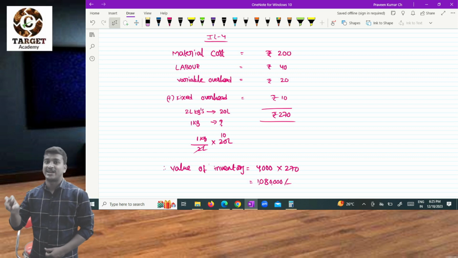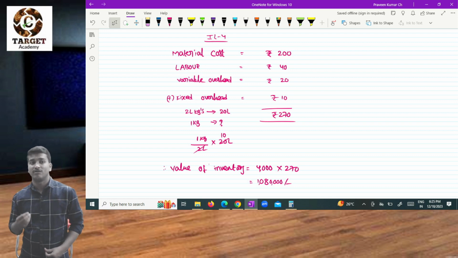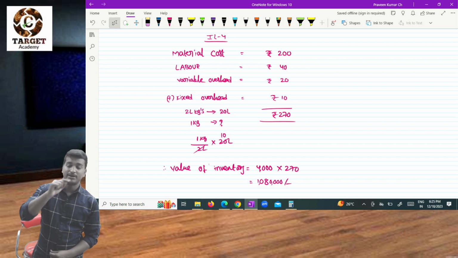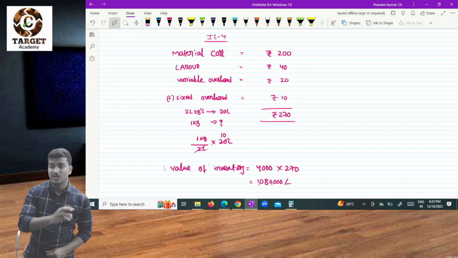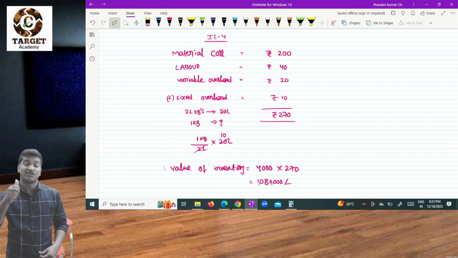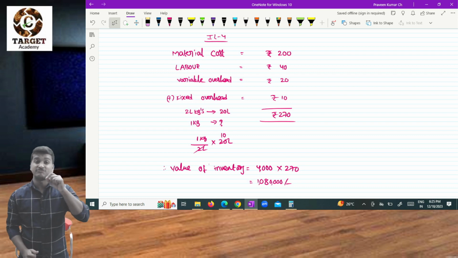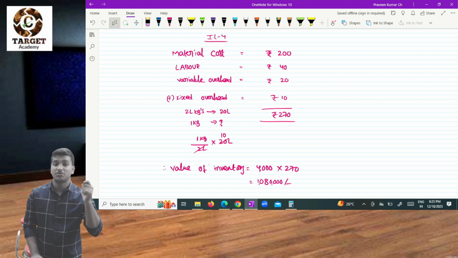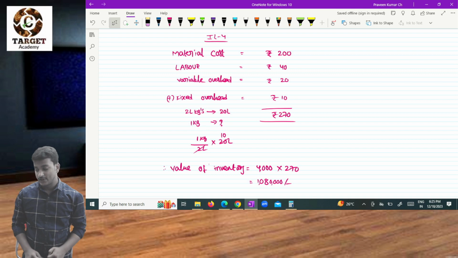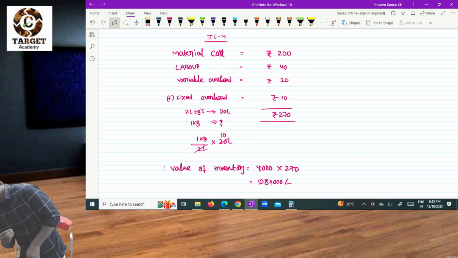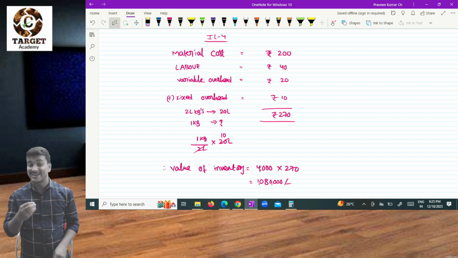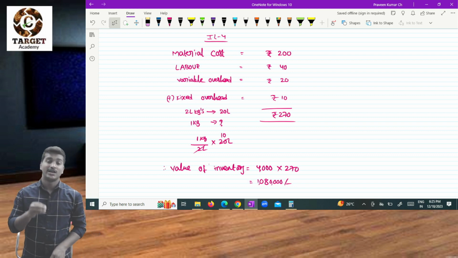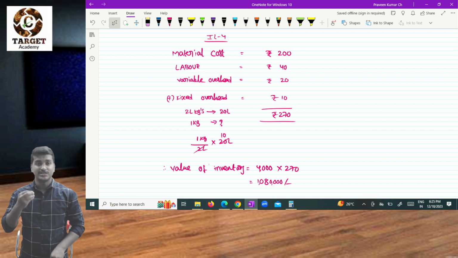You have to compare that NRV with the cost, whichever is lower will be your inventory value. Coming to raw material, valuation of raw material depends upon the selling price of finished goods. If the selling price of finished goods is more than cost, you should record your raw material at cost only. Or else if your finished good is selling at less than cost, then your inventory value of raw material will be cost or NRV, whichever is lower.